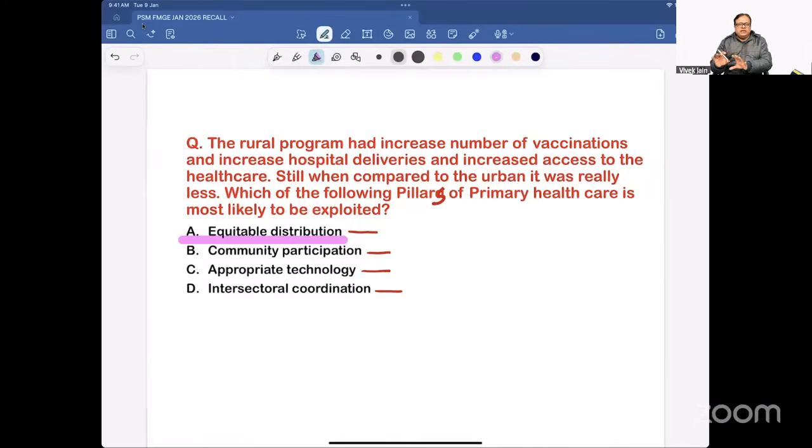Still, urban areas are providing a better basket of services as compared to rural areas, right? So equitable distribution. Intersectoral coordination, why can it not be the answer? If you have different sectors coordinating with each other.